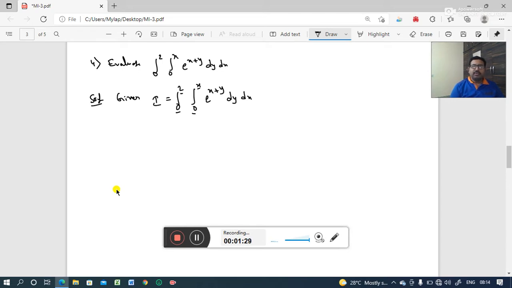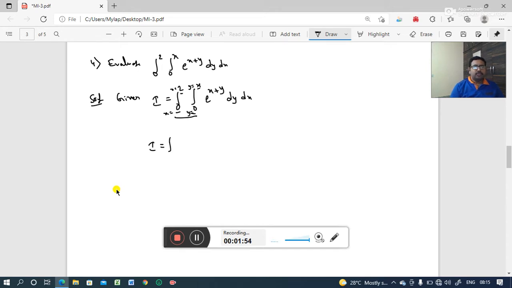When they are giving a variable limit, you identify the order on the basis of this. 0 to x, the limits are in terms of x, means of course the limits of y. So y lower limit is 0, y upper limit is x, and in the same way the remaining x lower limit is 0 and x upper limit is 2. Now let me integrate.